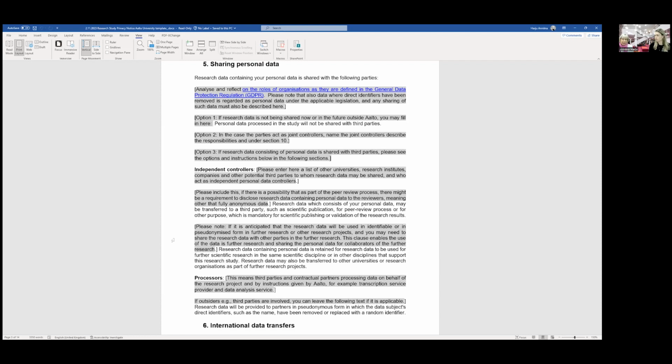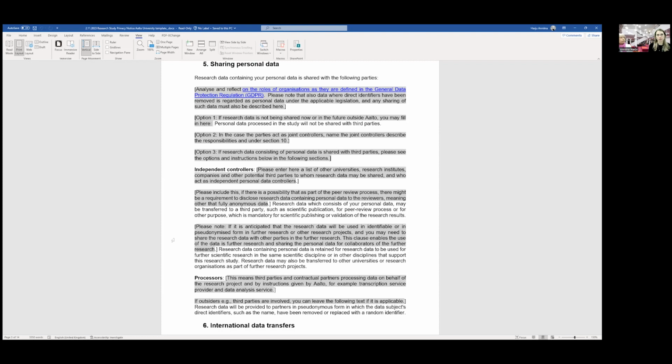But we are still waiting for the European Data Protection Board recommendations, or guidance, for the use in scientific research. And until we receive that, we are not absolutely sure, but this is still in line with the GDPR recitals. So I think we can include that if it's relevant.